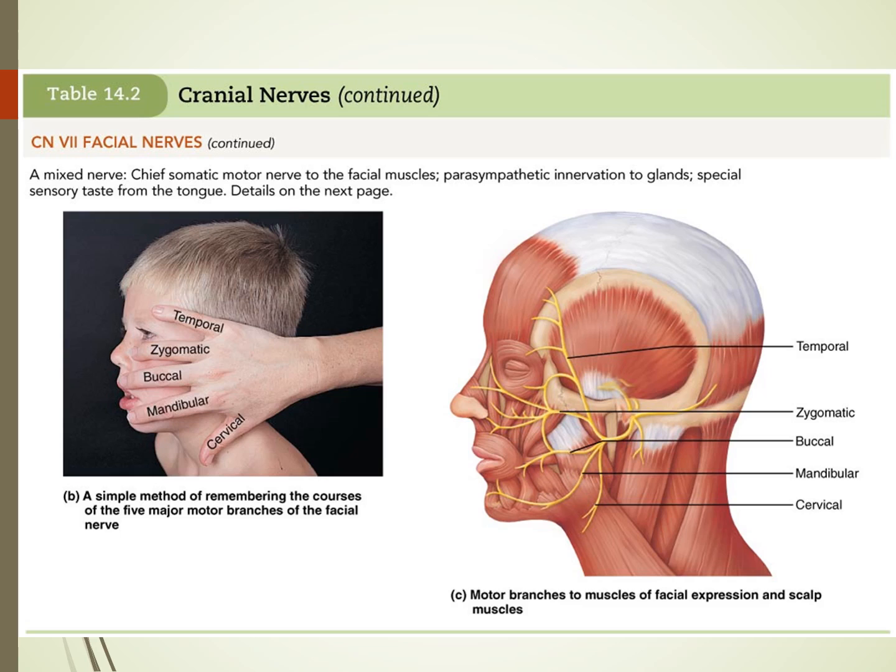And then the second image of our facial nerve is showing the somatic motor function going to all these facial muscles to show you the different branches of the facial nerve. But we don't need to know all the specific branches of the facial nerve like I want you to know for the trigeminal nerve, even though they're fairly straightforward.